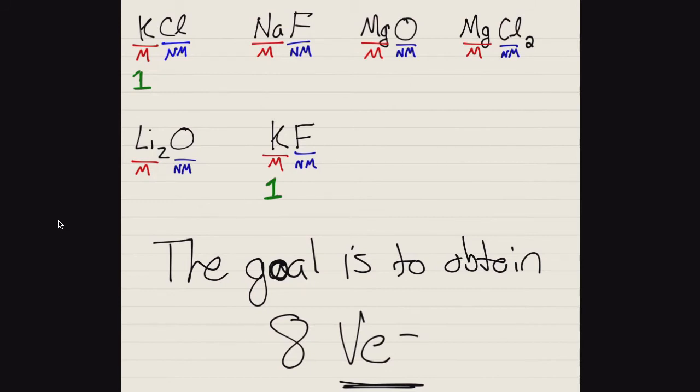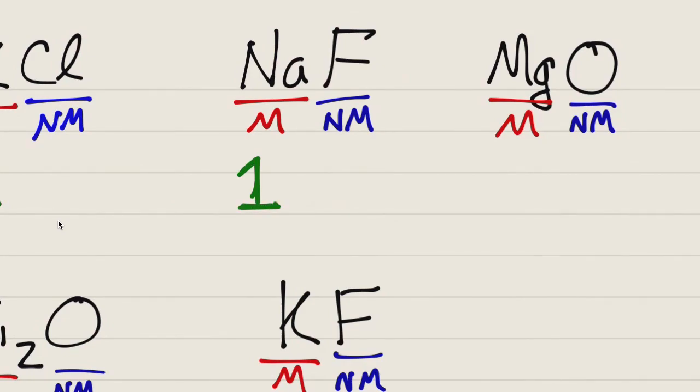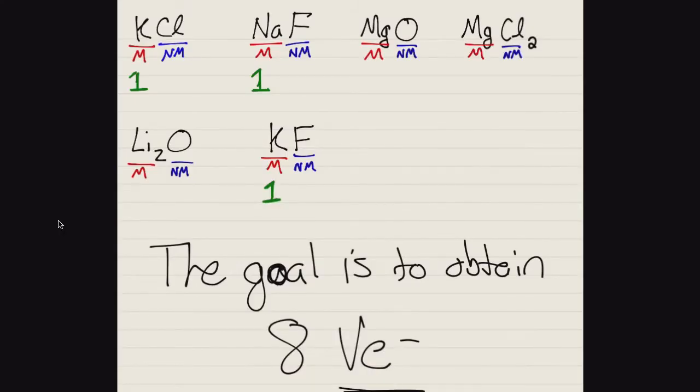They just repel each other. Okay? Now, how about sodium, Na? How many valence electrons does sodium have? Sodium is Na. It's in the first column on the periodic table. So it has 1 valence electron. Okay? How about magnesium? It has 2.